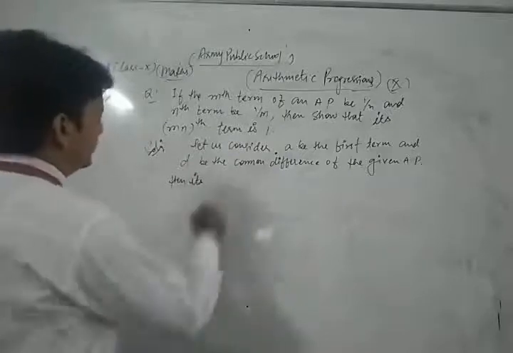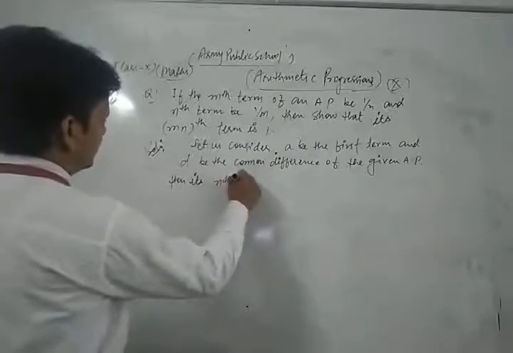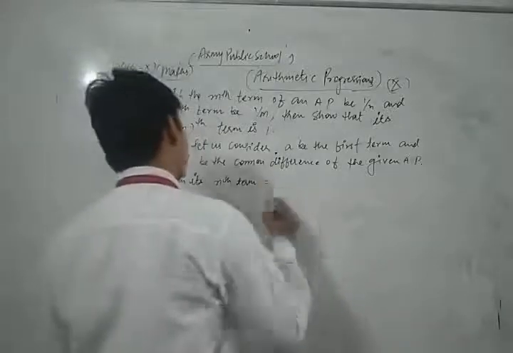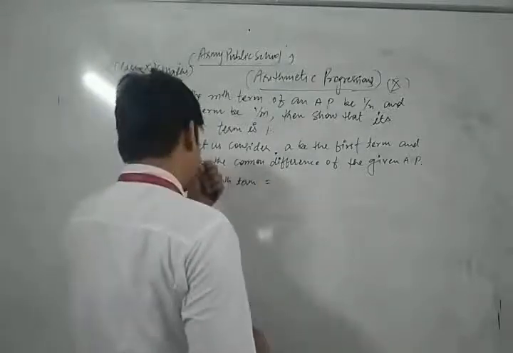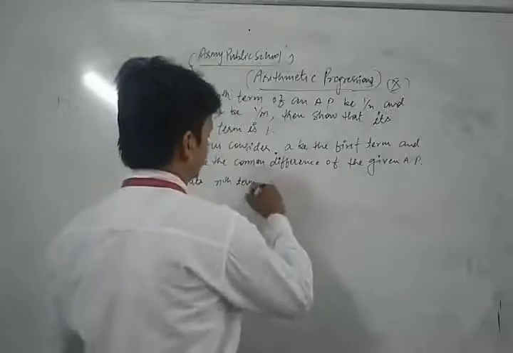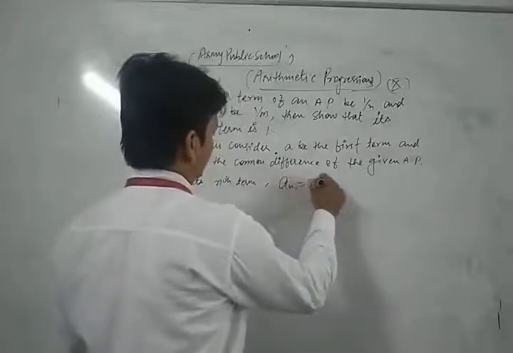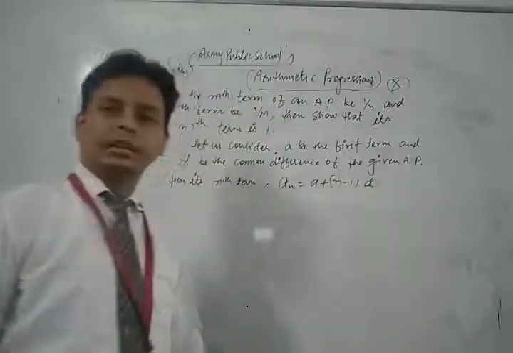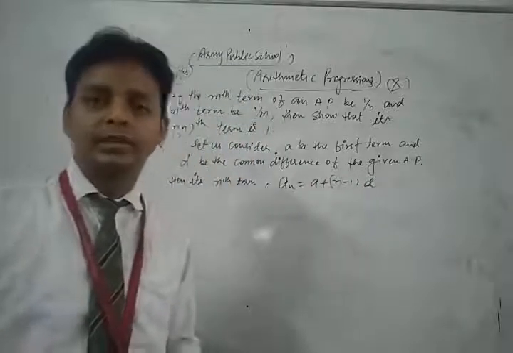Then its nth term a_n is equal to a plus n minus 1 into d. This is the formula to find the nth term of an AP.